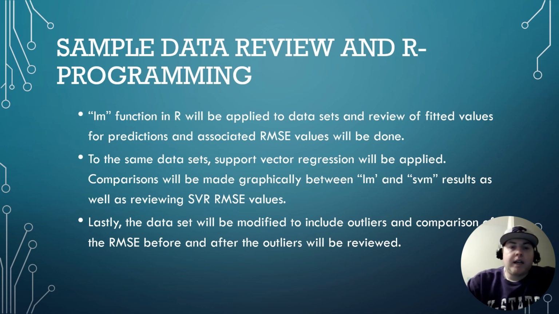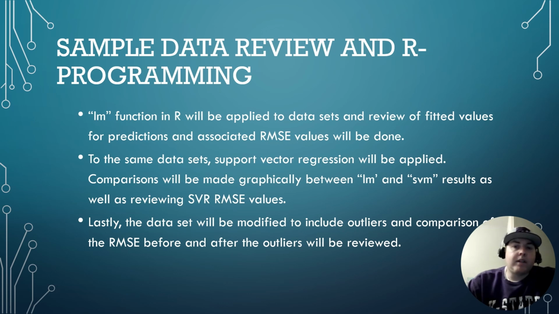Next, we're going to take a look at a sample data set. We're going to review the data, and then we'll step through our R programming. We're going to be using the LM function in R that'll be applied to the data set, and review of the fitted values for predictions and the associated root mean square error values will be done. To that same data set, we're going to run the support vector regression.